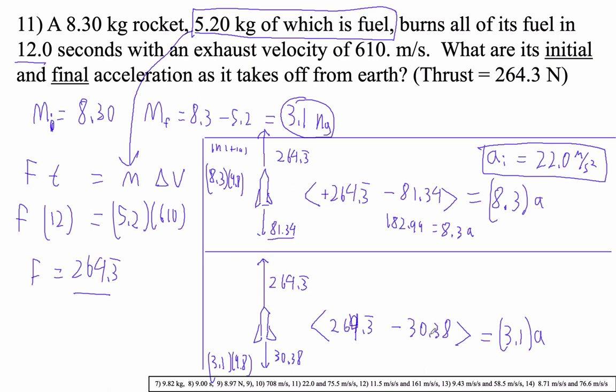So this minus the number we just got is 233.95, divided by 3.1 is 75.46, so 75.5. So the final acceleration is 75.5 meters per second squared.